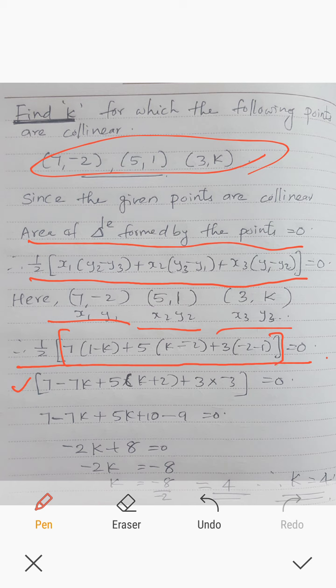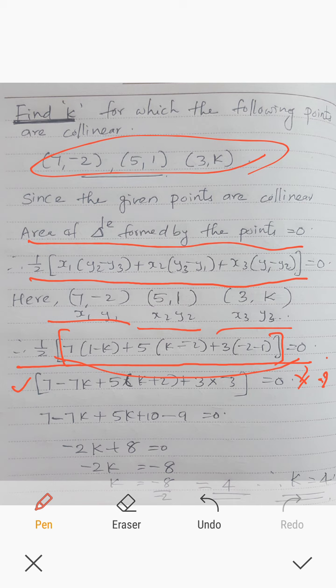So 1 by 2 should be transposed. On transposing, it will be 0 into 2, which is equal to 0 only. So in the next step, 1 by 2 is eliminated. So 1 by 2 is no more in the coming steps.